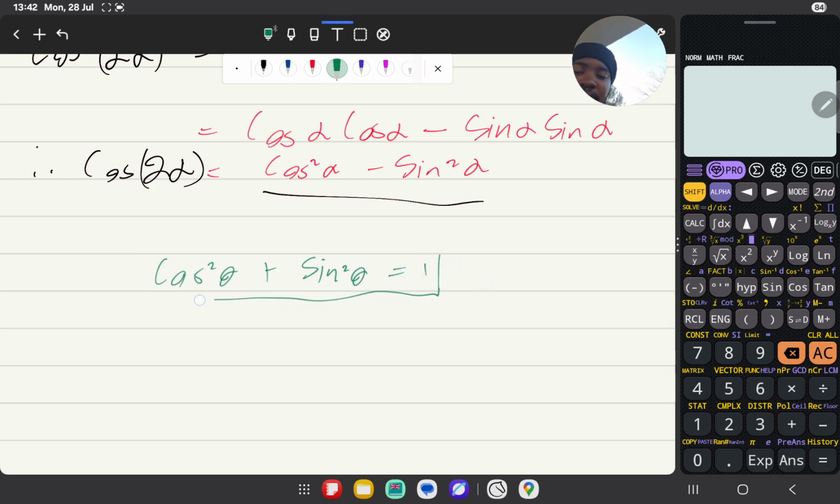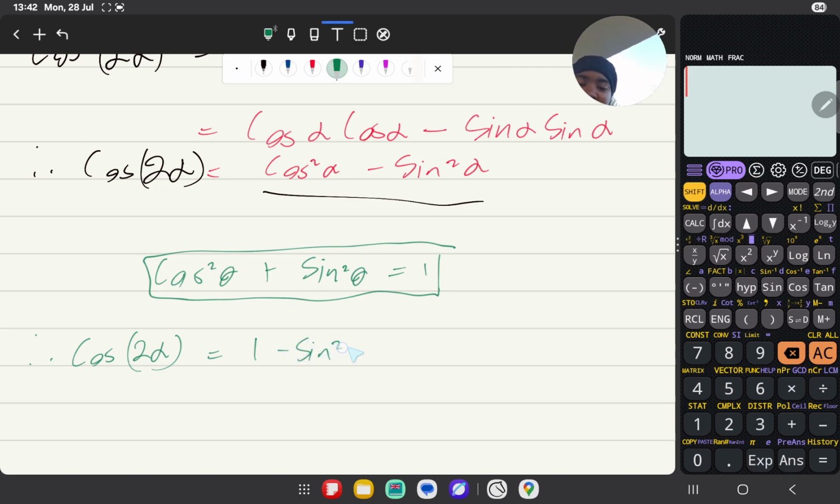Using this identity, cos 2 alpha can also be equal to, if we write cos squared as the subject, 1 minus sine squared alpha. Then I have minus sine squared alpha, which is 1 minus 2 sine squared alpha, right?